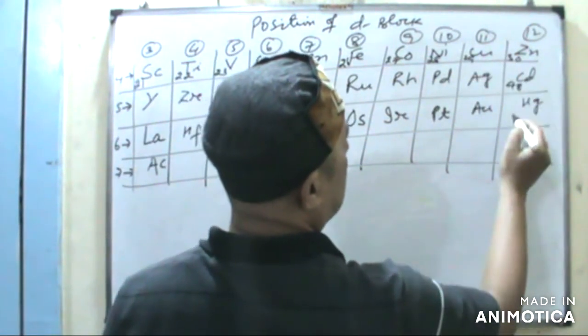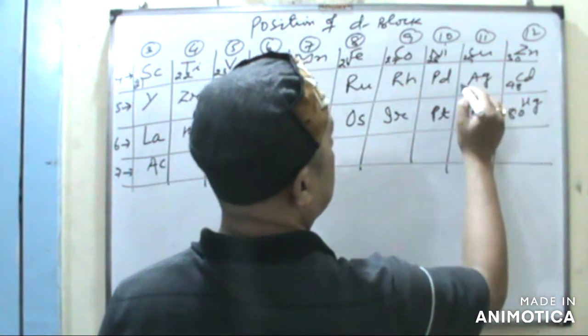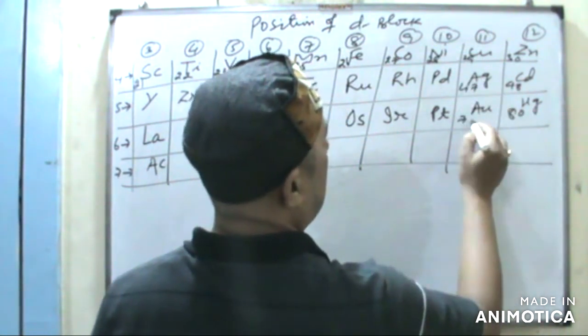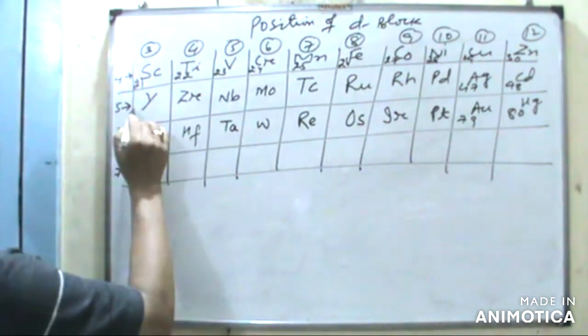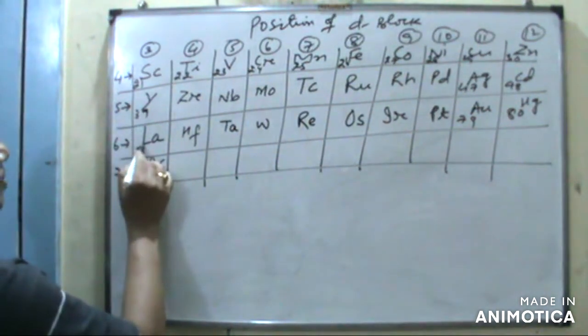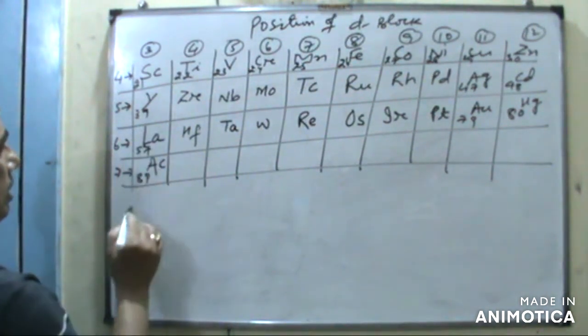Cadmium is 48, mercury is 80, silver 47 and gold 79, yttrium 39, then 57 or 89.